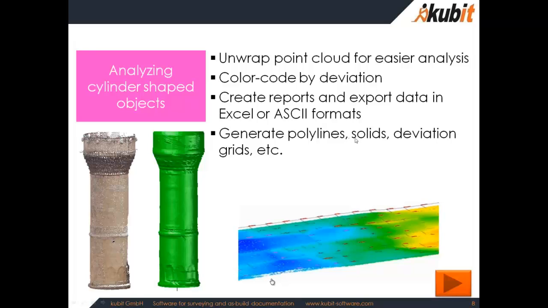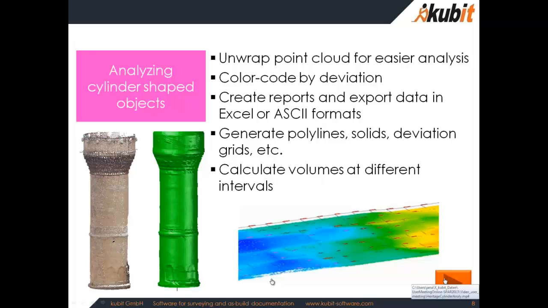You can then automatically create solids from those cross-section polylines, and you can also calculate a deviation grid and insert it into the drawing. And you can use the tool to calculate volumes at different intervals. Let me show you with a small video how this feature is working.